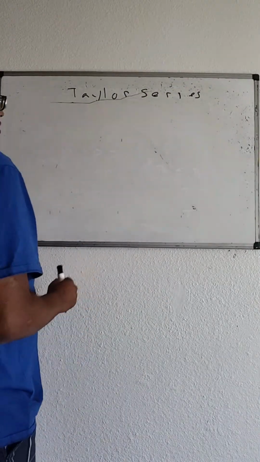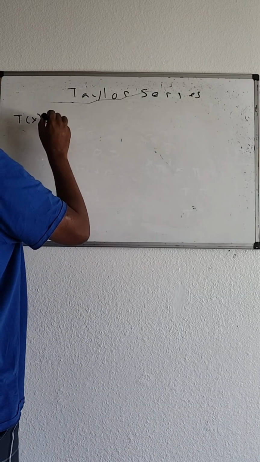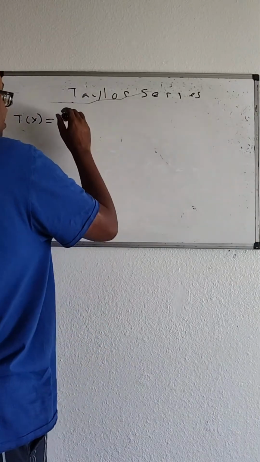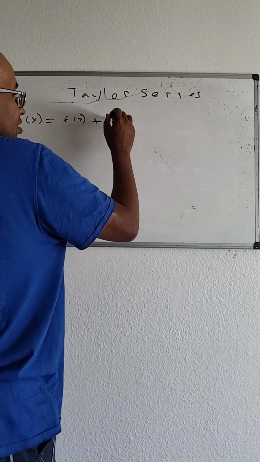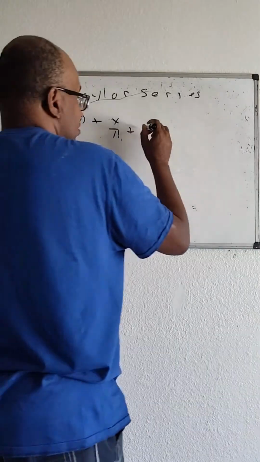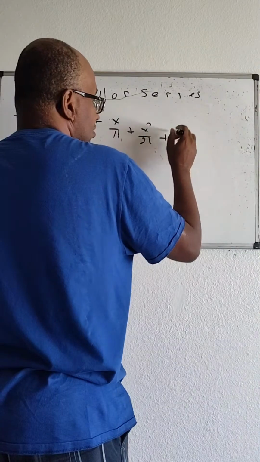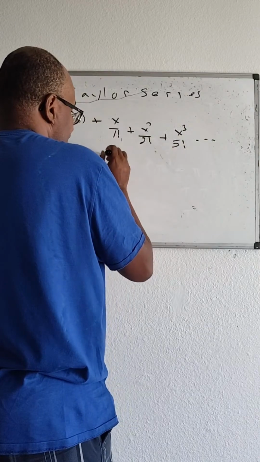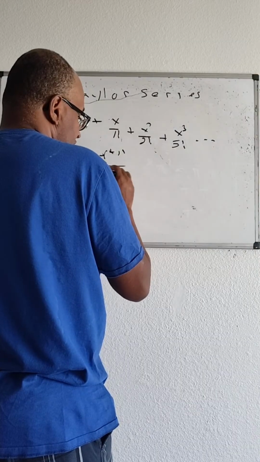So what we have here, we have the Taylor series with respect to x, and we're gonna allow this to be our function of x, plus x factorial, x squared over 2 factorial, x cubed over 3 factorial, and so on until we get to f of k plus 1 over k plus 1 factorial.